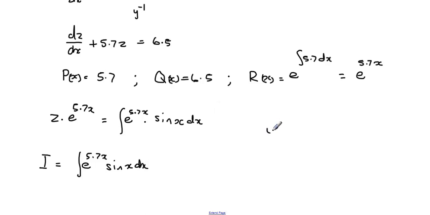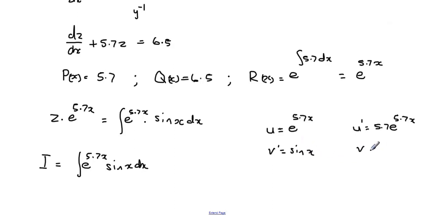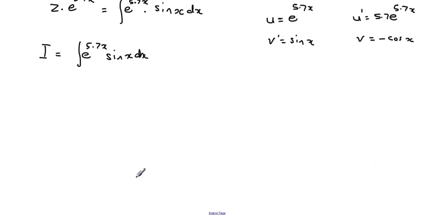Here we're going to take our u to be e to the power 5.7x, and our u prime is simply equal to 5.7 e to the power 5.7x. And then our v prime is sine x, and then our v is minus cosine x.